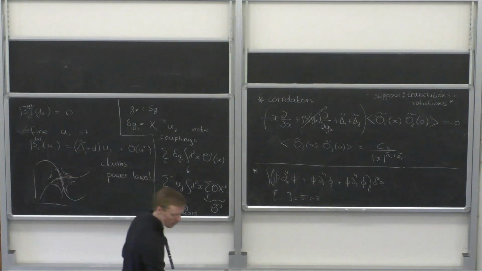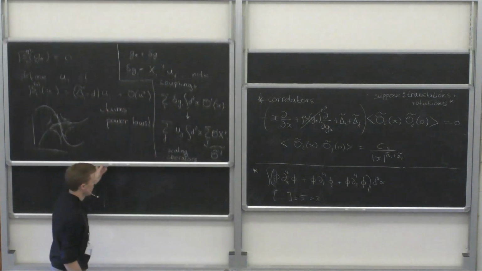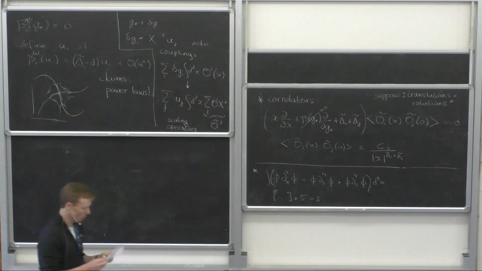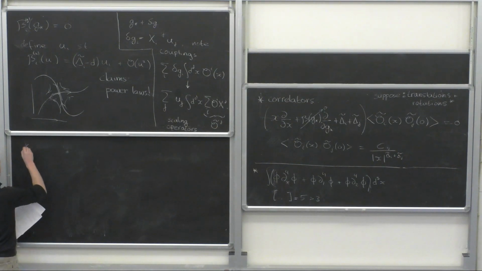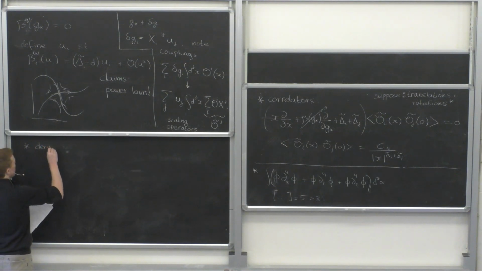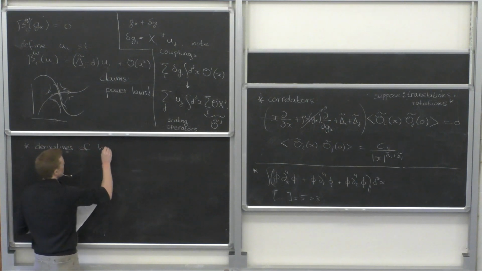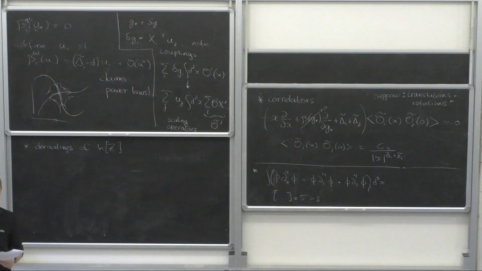So correlators were one thing. Another thing that, of course, has power laws are all the sort of equilibrium observables. So in the language of field theory, those would be the derivatives of the partition function, or more precisely, its log. Like you get all kinds of susceptibilities and so on.